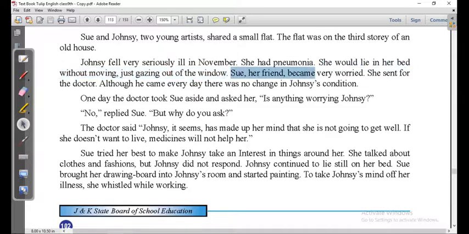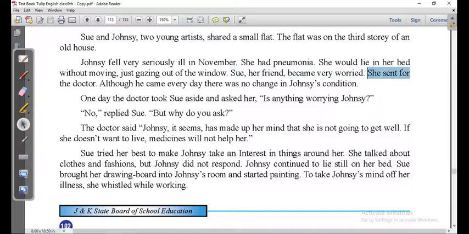Sue, her friend, became very worried. What do we mean by this? Who was ill? You should grasp that. It was Johnsy who was ill, who was sick. Sue was her friend.